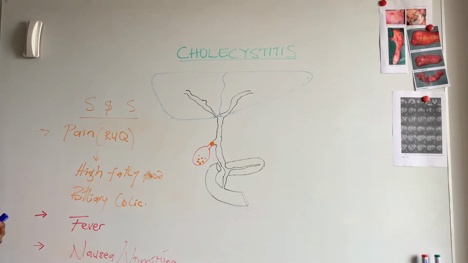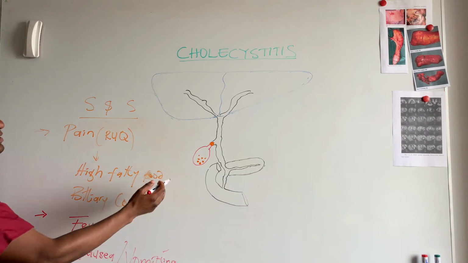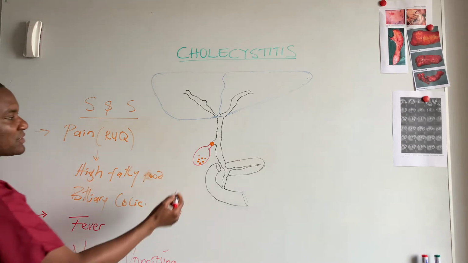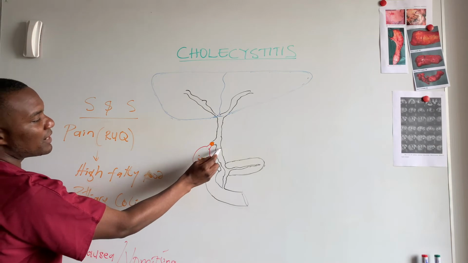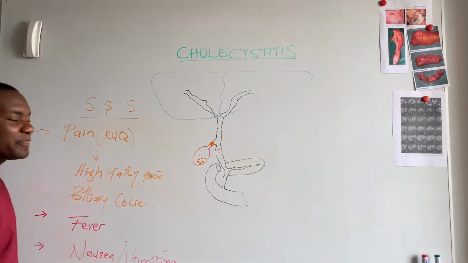Each of these will give you a clue to where the problem is possibly coming from. So if the patient presents with jaundice and signs of cholecystitis, it probably means that this patient has the stone not just in the cystic duct, but in the common bile duct, somewhere here. However, this will be discussed at a subsequent time.